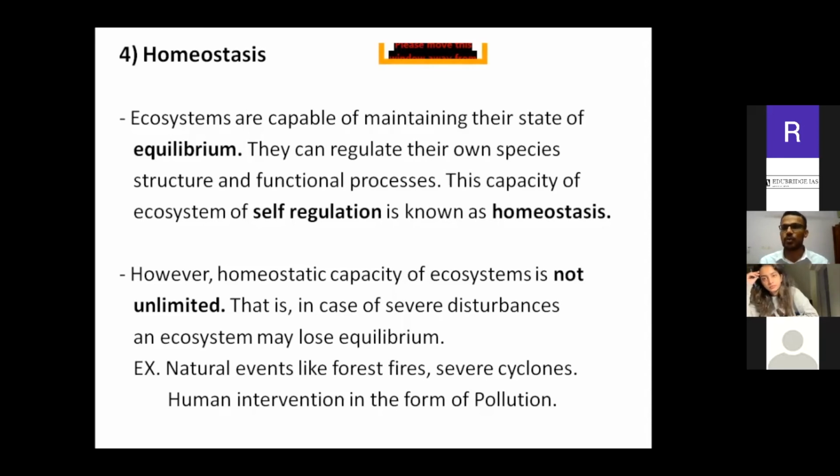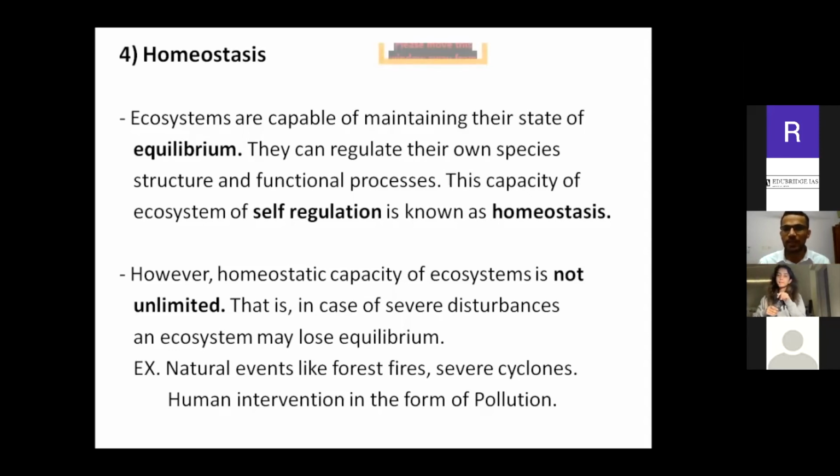Every ecosystem has certain limitations. If we are burdening a particular habitat with a high amount of pollution or high water pollution, then eventually that ecosystem will not be able to sustain that pressure and it will eventually give up.